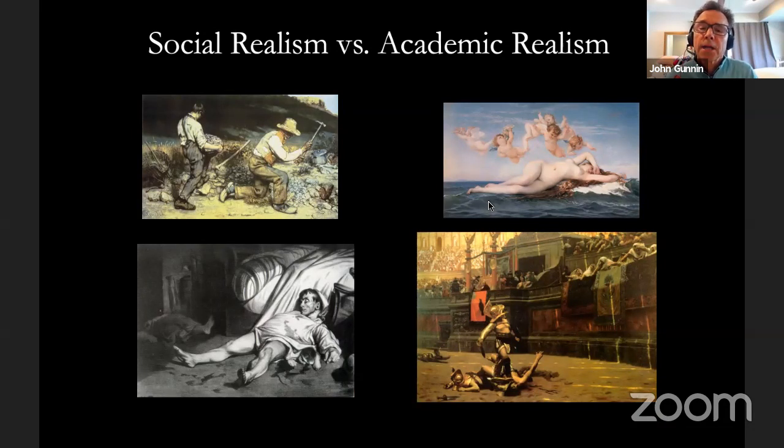You see a mythology scene with a nude, and then a history painting romanticizing the past down on the right. These would be the kind of works promoted by the academies, the way that art was taught.